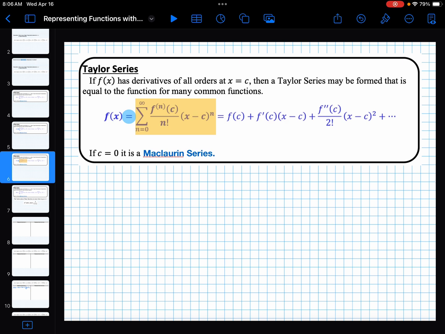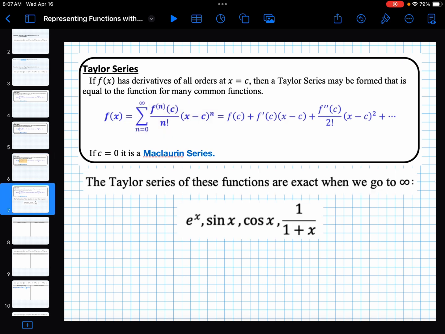All right, remember, if the center of the polynomial is 0, it is called a Maclaurin polynomial, and that works with the series as well. There's a few of these things that the College Board uses over and over again: e to the x, sine of x, cosine of x, and 1 over 1 plus x, where they'll approximate them with Taylor polynomials, but they'll also do this Taylor series expansion of those functions.